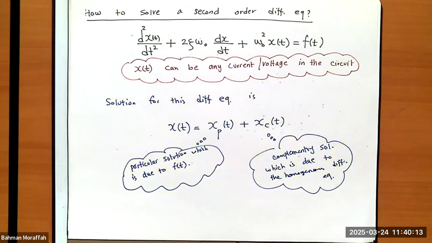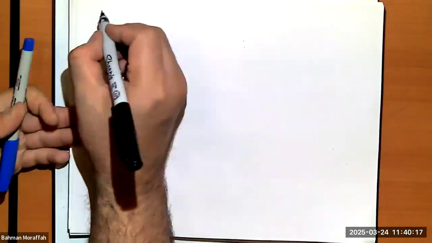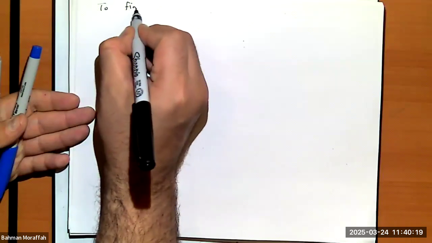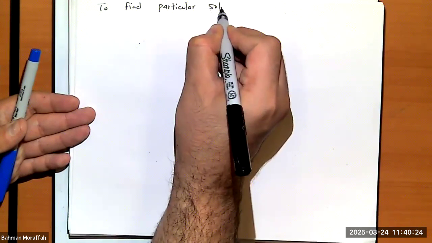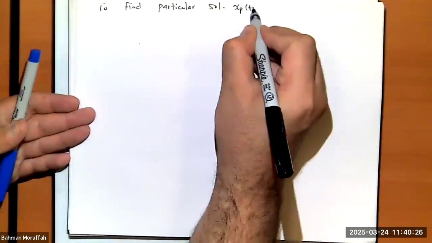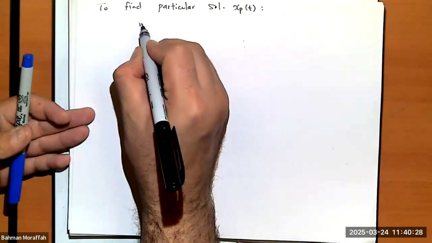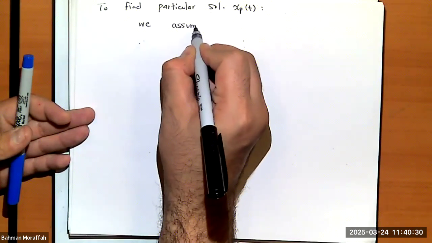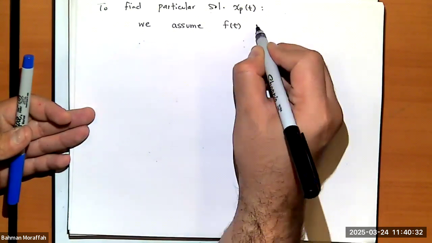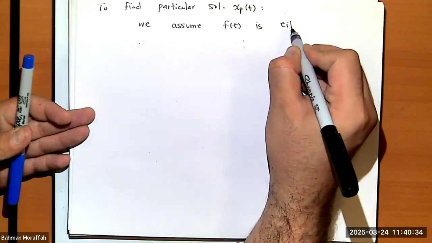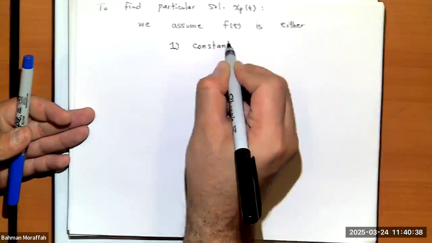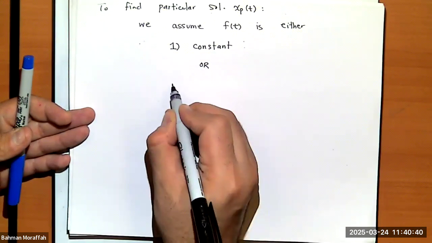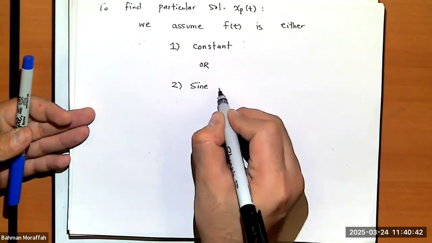Let me quickly remind you, to find the particular solution xp of t, we assume f of t is either constant or a sine wave.